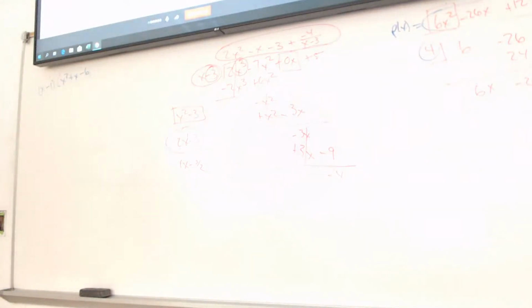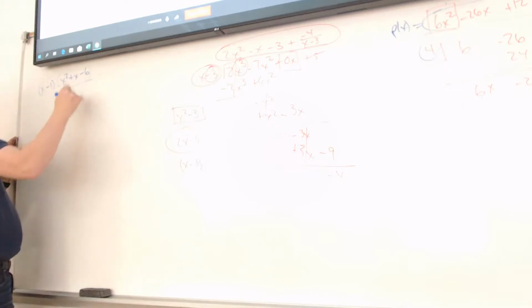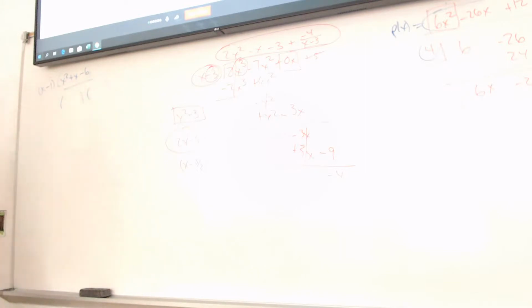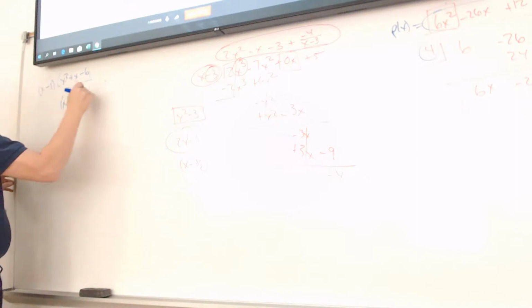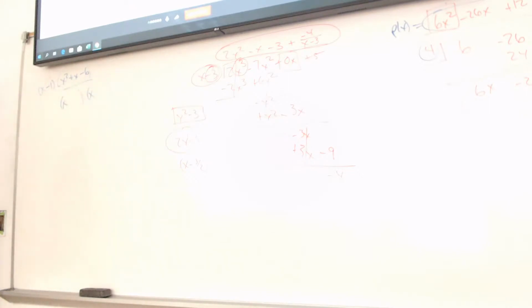Can you factor that, Riley? Let me help you. What are your factors of x squared? x and x, right? What are your factors of 6? 1 and 6 or 2 and 3.